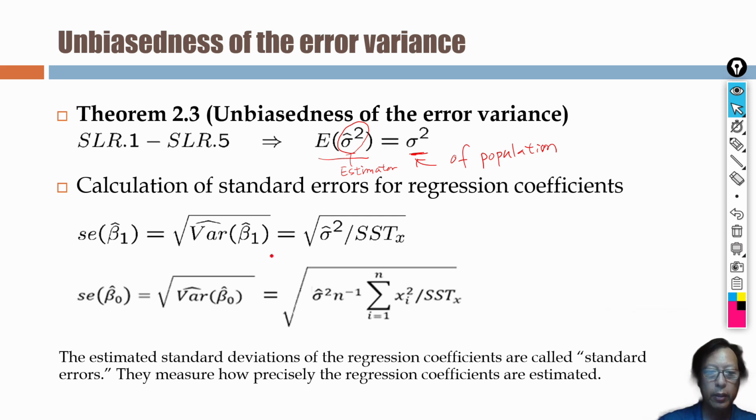Okay, you can calculate the standard error. We have already seen the standard error, previously it was like SB1. It's the standard deviation of the estimator, which means we will estimate this many times.